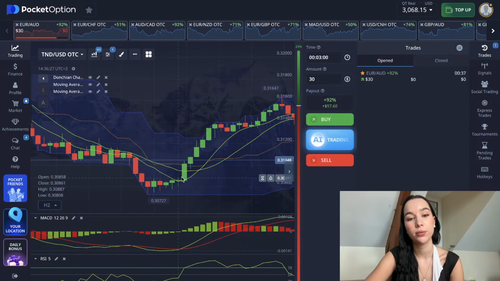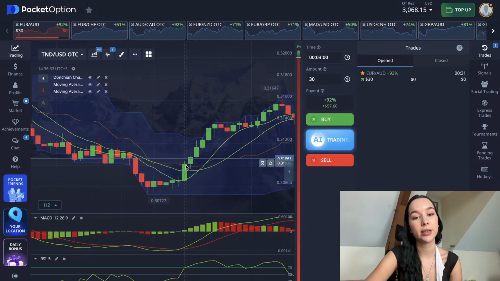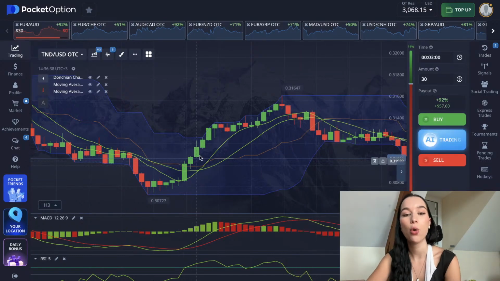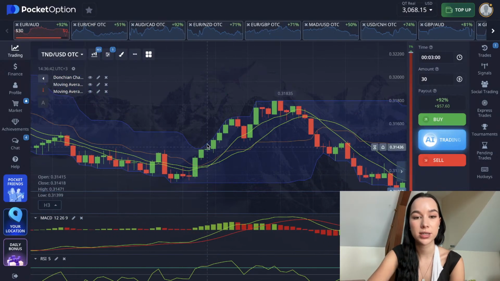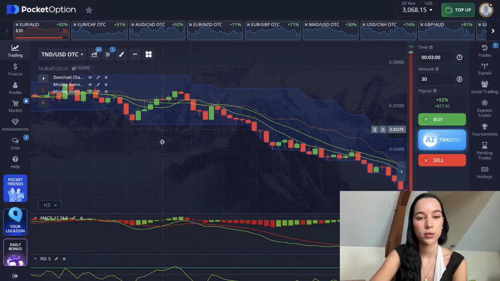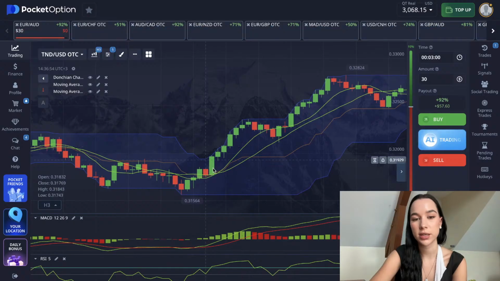Here, for example, about this I would not say so, but about this one, yes, three white soldiers, the green candles, that's showing us this is a pretty strong upward trend. So you can open a trade here in the upward direction. You just follow the trend. Here is the same, but here the candle is not that good. As you can see, right now in the market there are not that many situations with a consistent upward or downward trend.